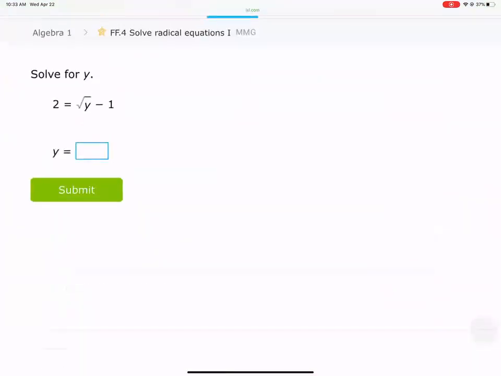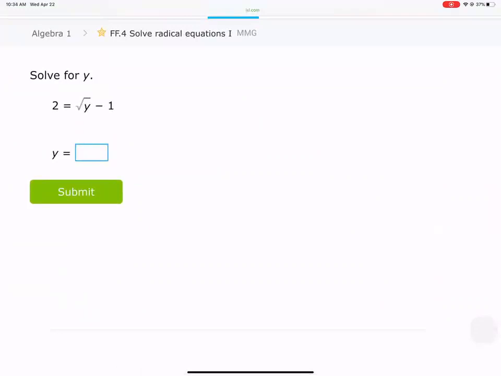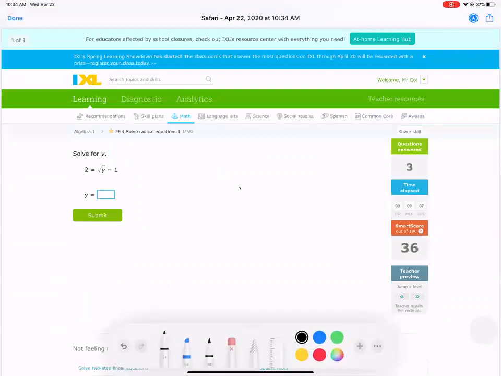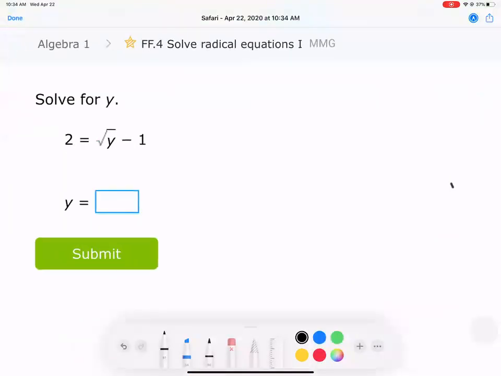This problem here, like we mentioned before, do I get rid of the square root first, or in this case, the 1 here? Which one's farthest away from the y? I would say farthest away is the 1. Opposite of minus 1 is plus 1 to both sides. 3 is equal to the square root of y.